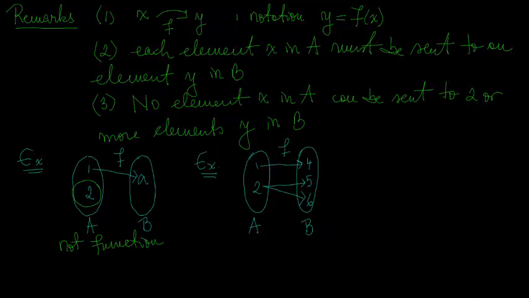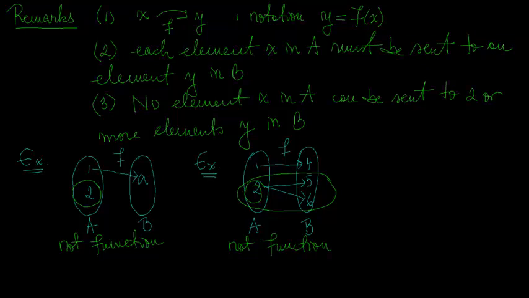And now the question again is, is this a function or not? And we notice that while 1 is sent to only 4, 2 here is sent to 5 and 6. So we have these splitting arrows coming out of 2. So again, we have that this is not a function because one x value, namely 2, is being assigned to 2 or more y values.